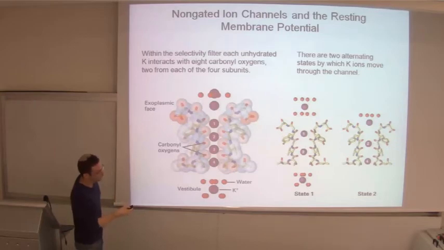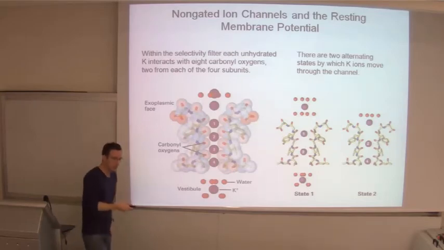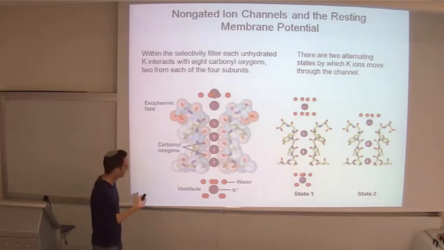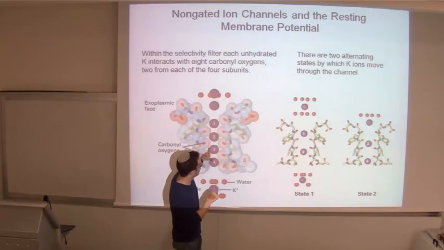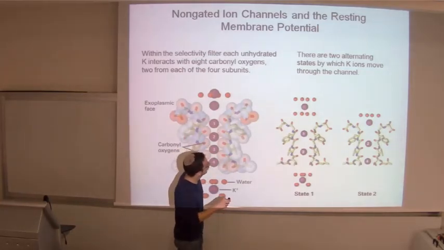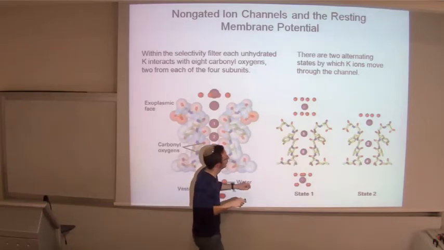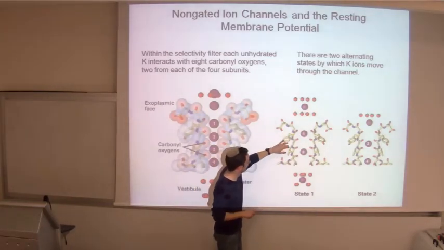Now several potassium ions can pass through the channel, but you would have to give each one of them 8 interactions with oxygens, as we saw. And so it's not like several ions pass through the channel all at once, but rather there are 2 alternating states in which potassium ions pass through the channel.